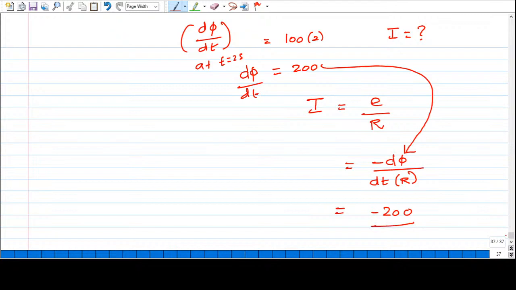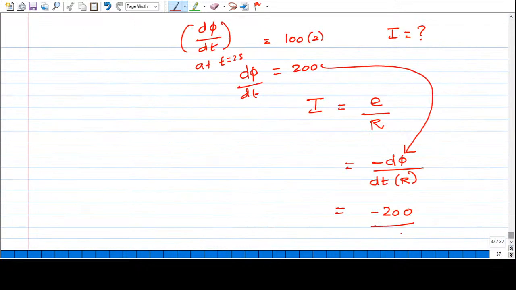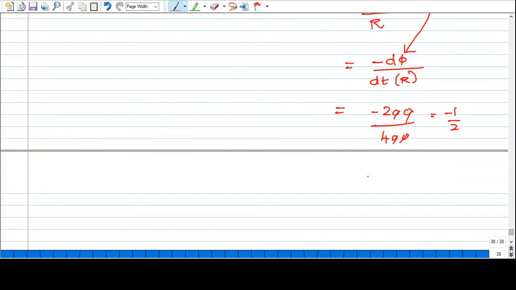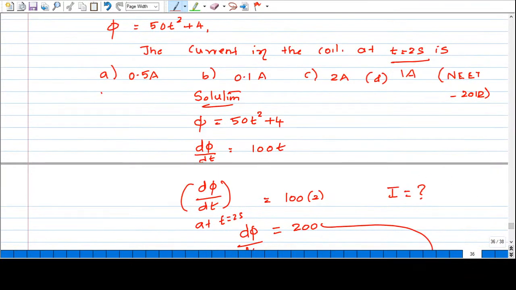The value of R is already given in the question. The resistance is 400 ohms. Strike this one and you will get minus 1 by 2, in which I can take the positive value, which is equal to 0.5 ampere. The value of I is 0.5 ampere, which lies in option A, which is also very, very important.